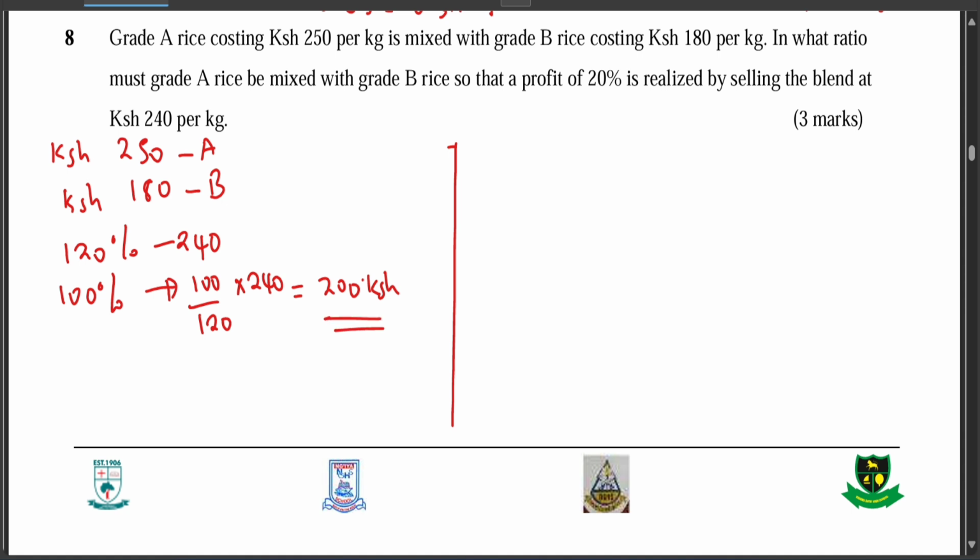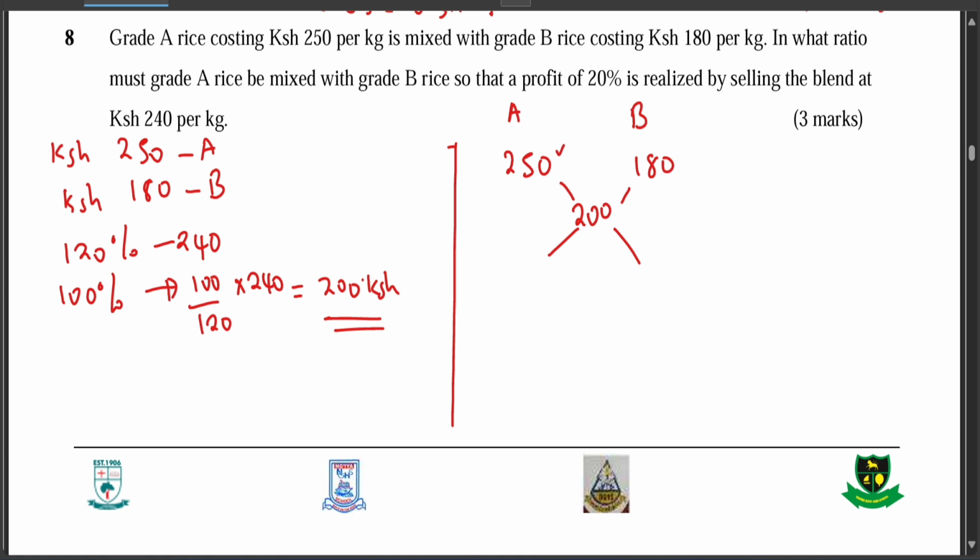There is an easy way and there is a long way. The easiest way for you to get the ratio: for grade A, you know it is 250. For grade B, you know it is 180. So you use the X method. The mixture should be 200. The X method is quite easy, and it gives you the direct answer.